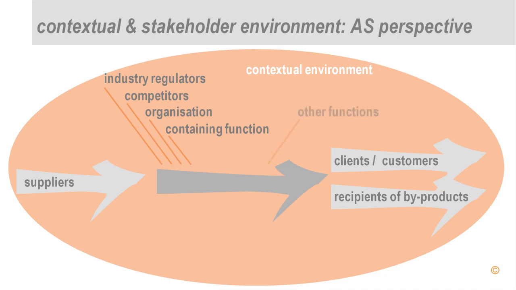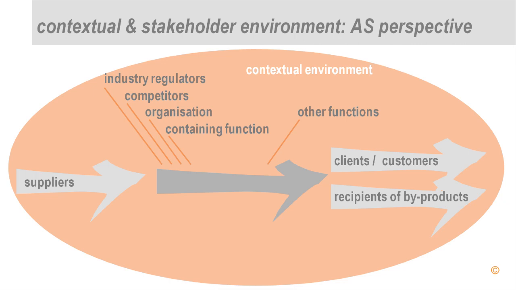Then there will be other functions in the organization. So, for example, if the IT system is changing, then my HR system will change, if that is the system of my focus. Or if the finance system changes its rules and regulations, then all the activity systems of the organization have to comply with that. So other functions in the organization are also stakeholders.